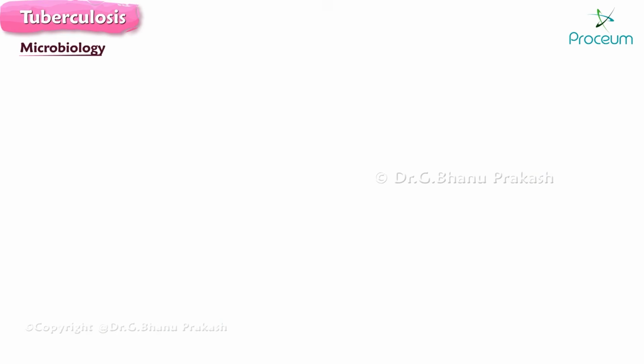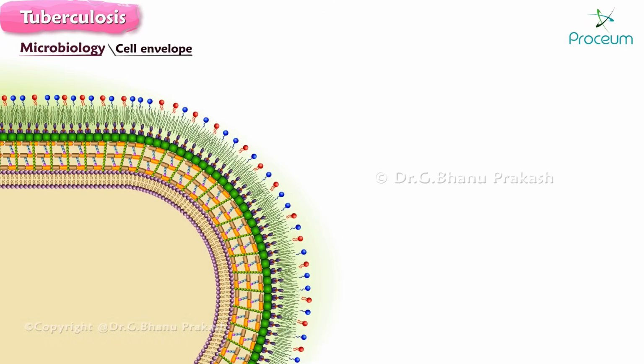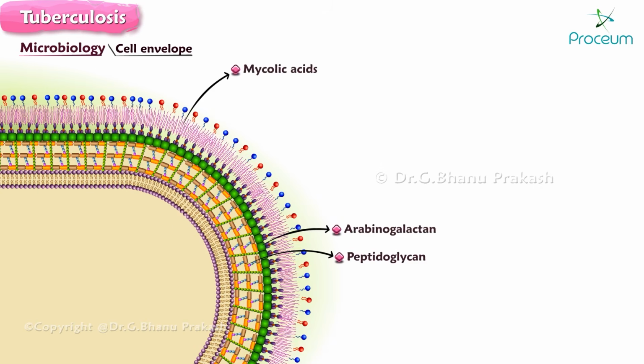Microbiology. Cell envelope. The cell envelope is a distinguishing feature of the organisms belonging to the genus Mycobacterium. The mycobacterial cell envelope is composed of a core of 3 macromolecules, covalently linked to each other: peptidoglycan, arabinogalactan, and mycolic acids, and a polysaccharide, lipoarabinomannan, which is thought to be anchored to the plasma membrane.